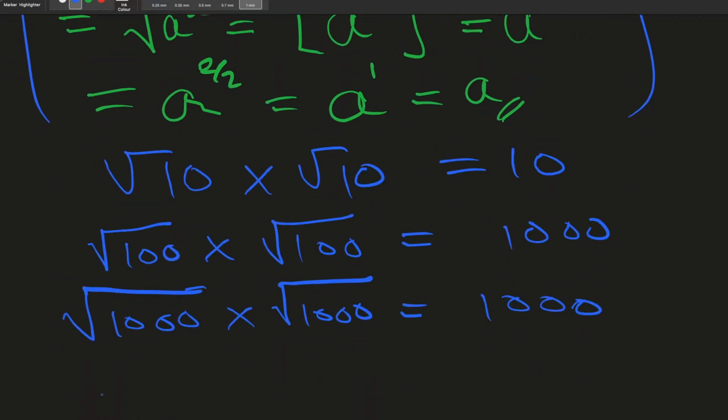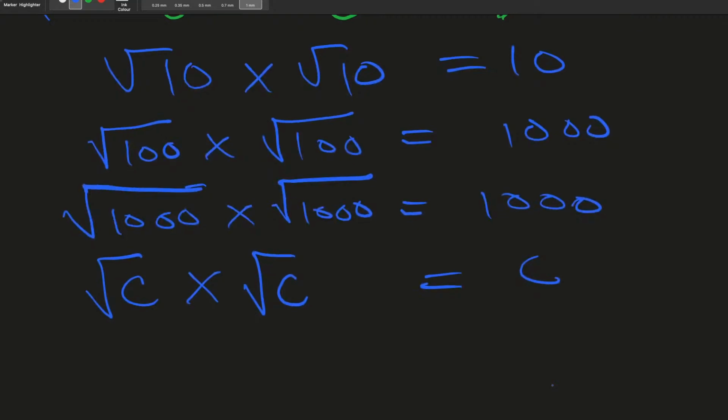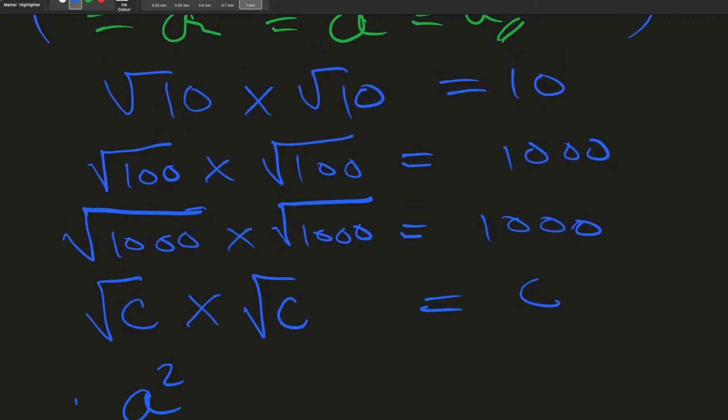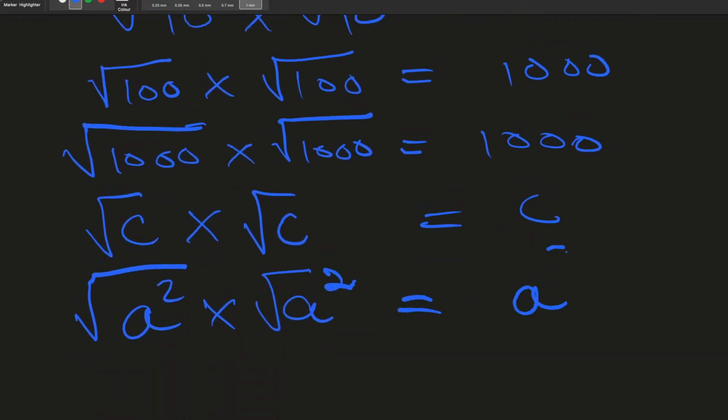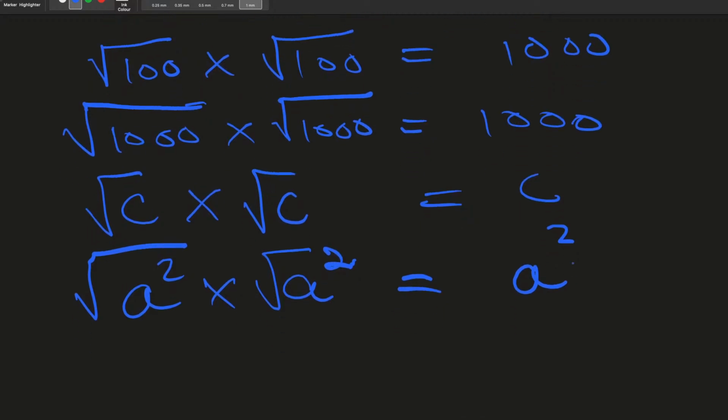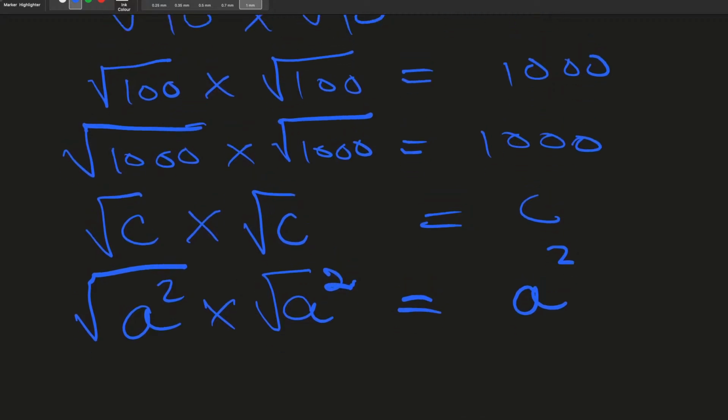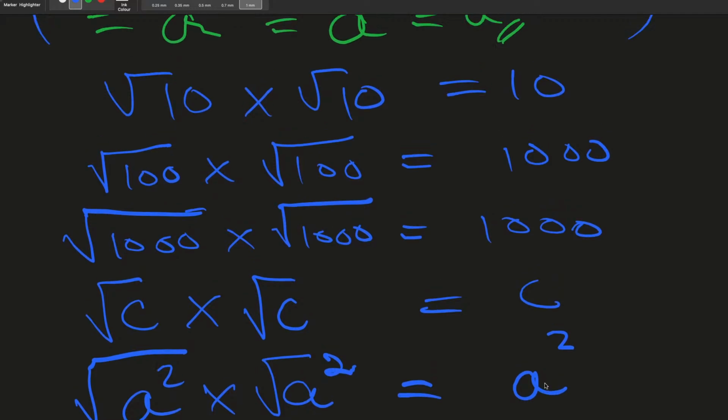If I have surd of C multiplying surd of C, my answer is C. If I have surd of A squared multiplying surd of A squared, my answer is A squared. So that is how it is. You shouldn't be scared. If you see surd of XY multiplying surd of XY, the answer is XY.